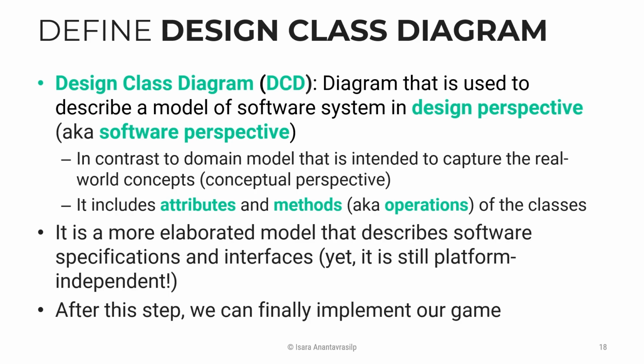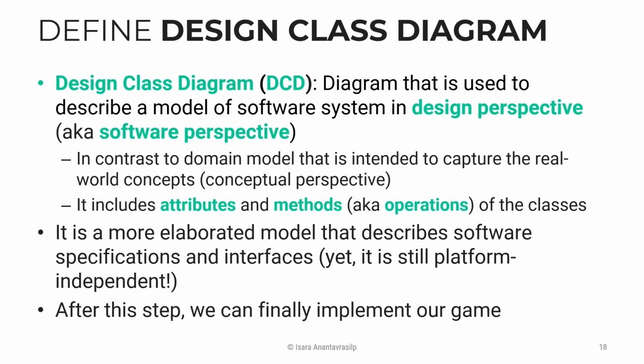Here, you are trying to derive a class diagram or any other diagrams that explain the solution, how the dice game should be constructed. This might include the attributes, methods, or operations of each class. It is, of course, a more elaborated model that describes the software specification and interfaces.